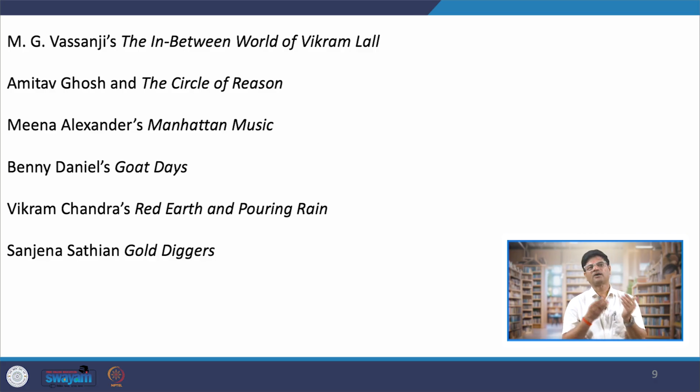And then Amitav Ghosh, who to me is one of the most cosmopolitan and universal voices when it comes to talking about displacement, unhoming, and the diasporic experiences of loss.